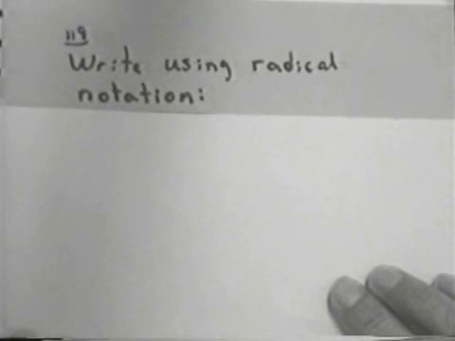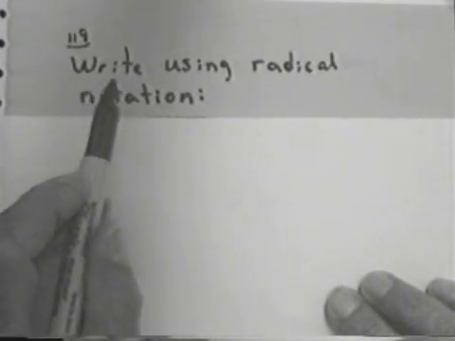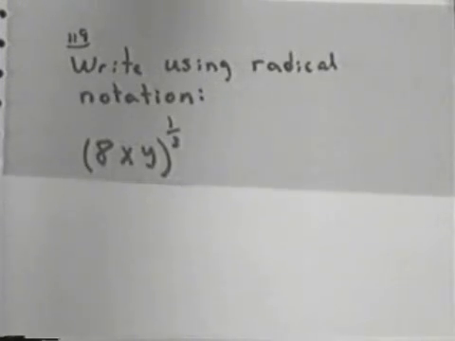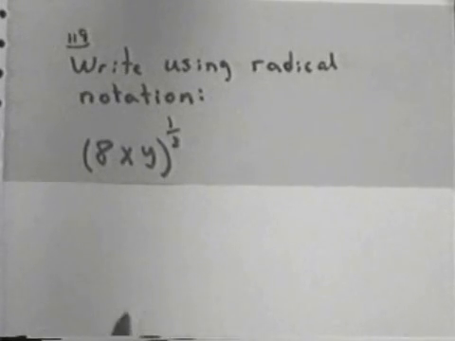Since fractional exponents are defined using radicals, one can always switch from radical notation to fractional exponents and vice versa. As an example, let's write using radical notation. Well, we have 8xy to the 1/3 power.